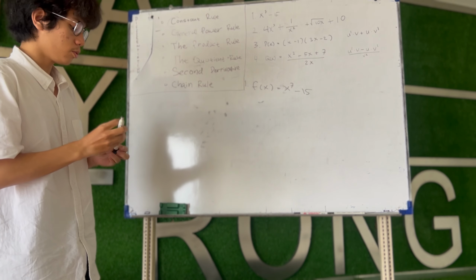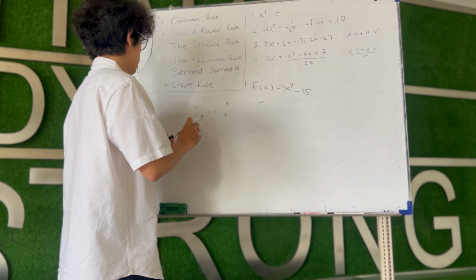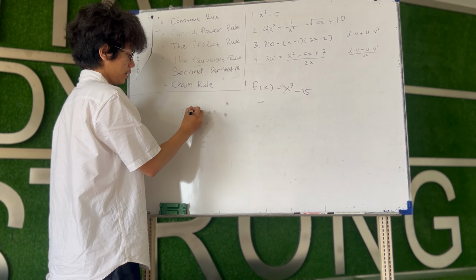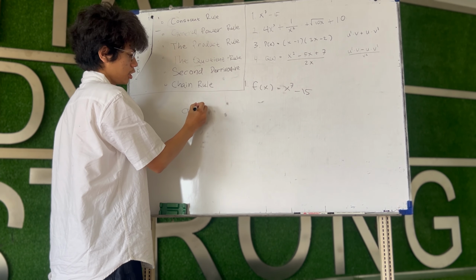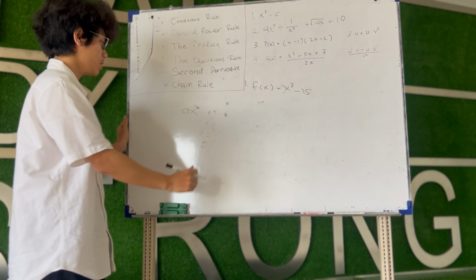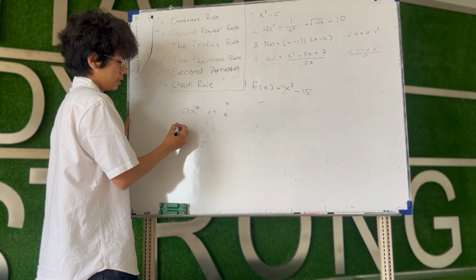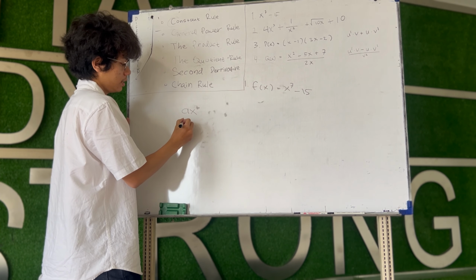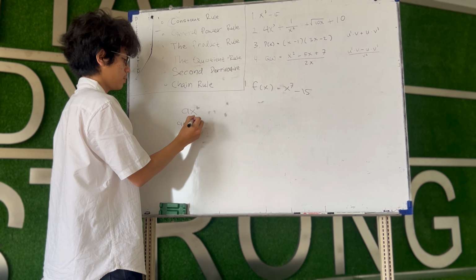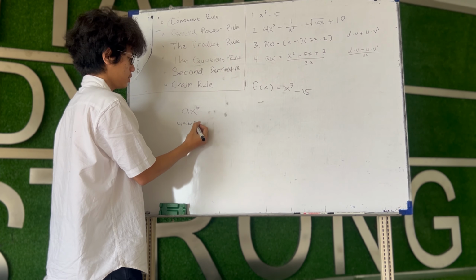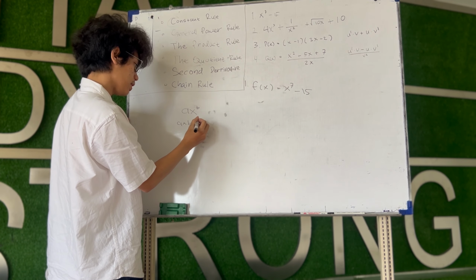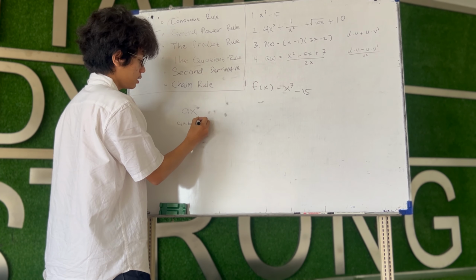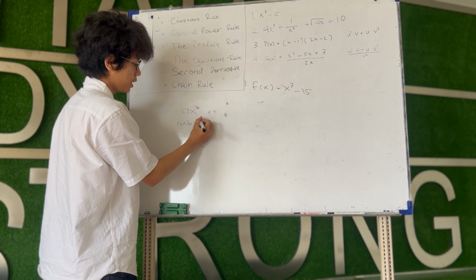So for the formula, if you have ax to the power of b, you have to multiply it by the power. So a times the power of b, and then the exponent is minus by 1.